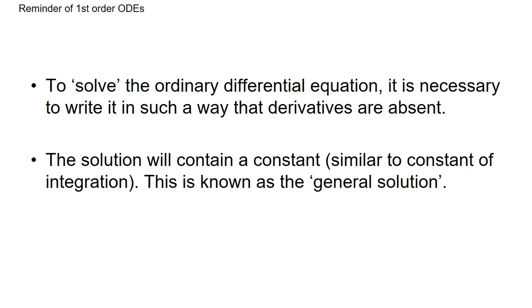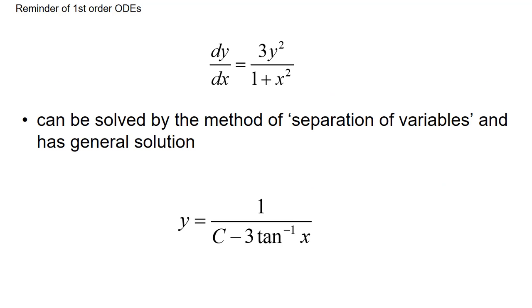Sometimes we would have to settle for an implicit solution. But when we first solve a differential equation, we will get the general solution, where we will have a constant. It comes from a constant of integration, and the solution containing the constant is known as the general solution.